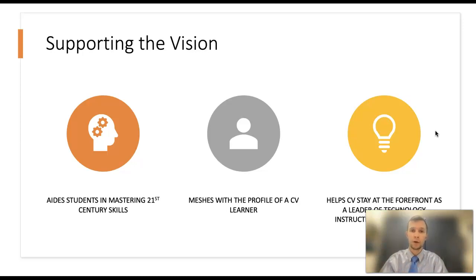And all that can be embedded right into the video lesson through the use of Edpuzzle.